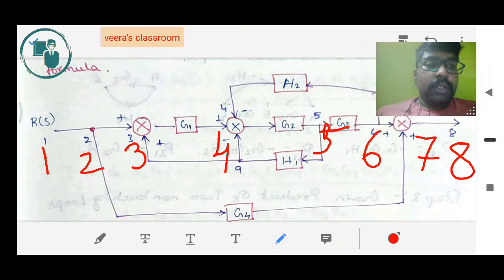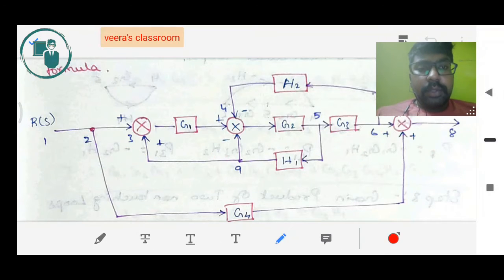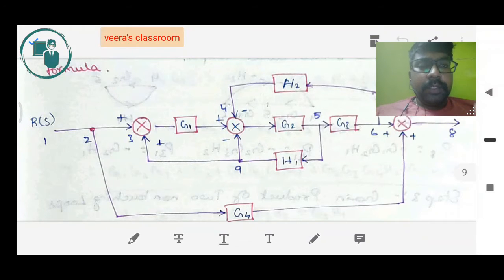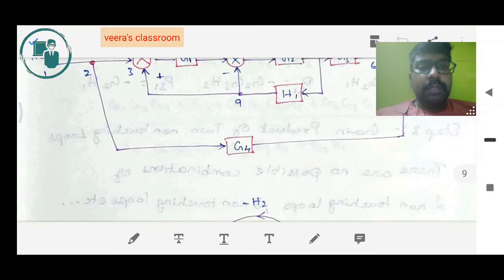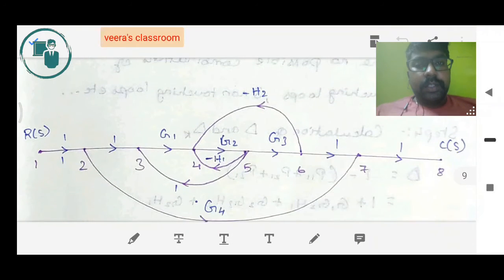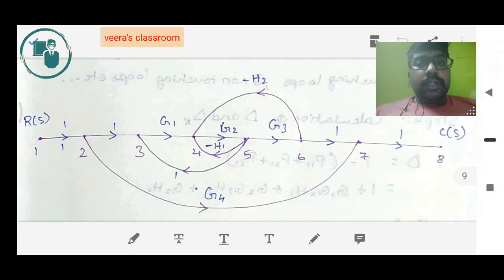Once again, I have marked a node 9 here, but I have not used it in the signal flow graph. I have separated these two into two different loops, so this doesn't matter in the next step. So we have converted this block diagram into a signal flow graph. We do not have any terms between nodes 1 and 2, 2 and 3, 6 and 7, and 7 and 8, so those values are 1.